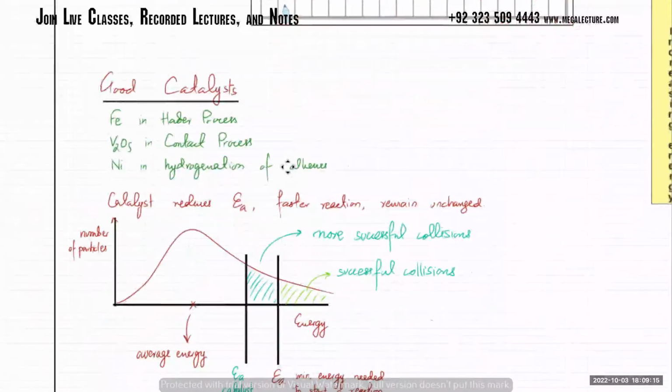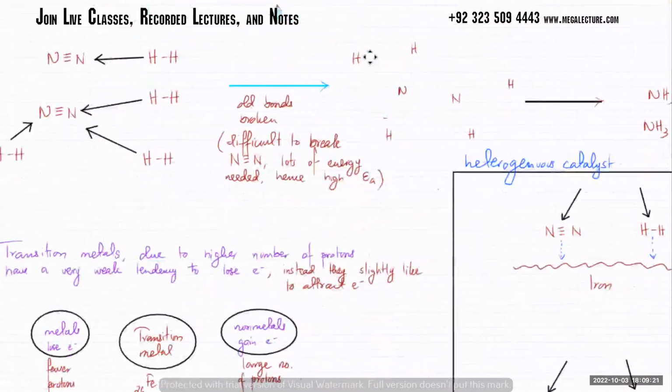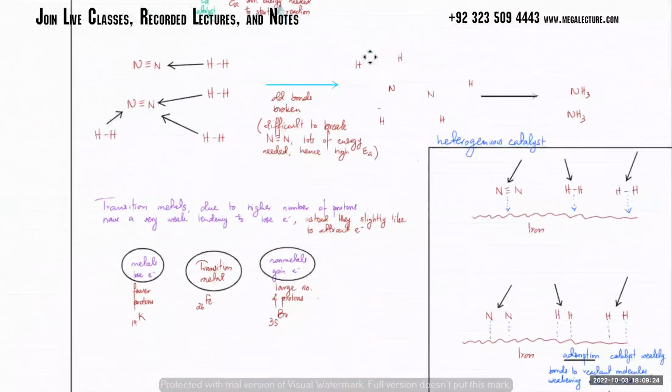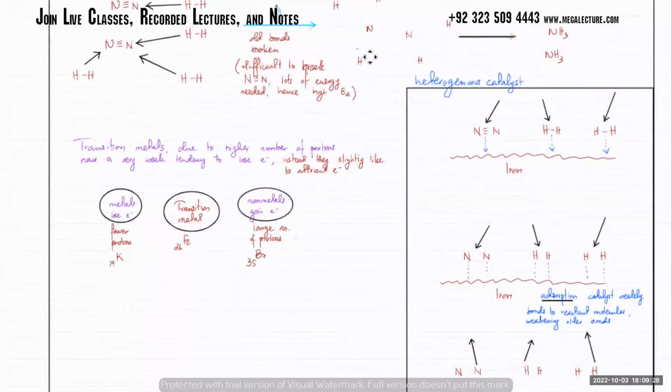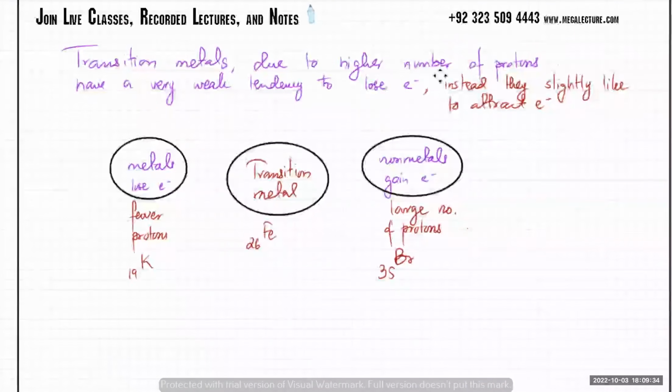The thing that we were talking about was good catalysts. In the last class we talked about the heterogeneous catalyst mechanism, and I explained why they are good catalysts. Because they've got a higher number of protons, they have a very weak tendency to actually lose electrons.